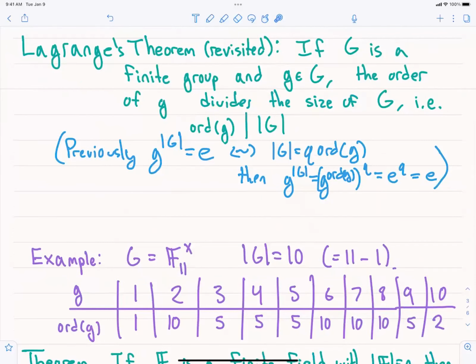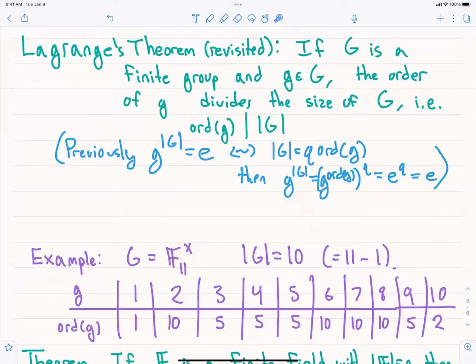If I take G to be the group F11 cross, all the non-zero elements in F11 where the group operation is multiplication, then the size of that is 10, because I start with 11 things in F11 and I throw out 0. So I have 10 elements in there: 1, 2, 3, 4, 5, 6, 7, 8, 9, 10.